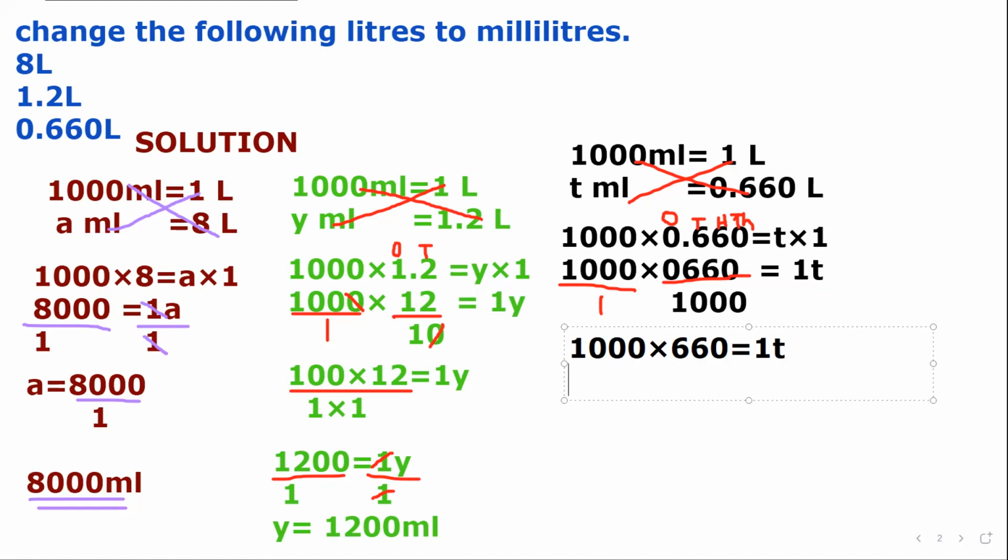Here is over 1 and here is over 1000. Okay. So this is how the fractions of 1000, and this is how this one will be. Okay, so I can also join these two.